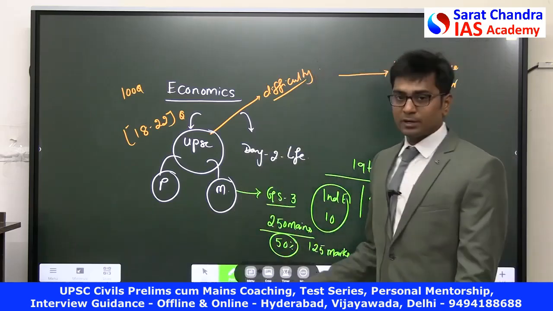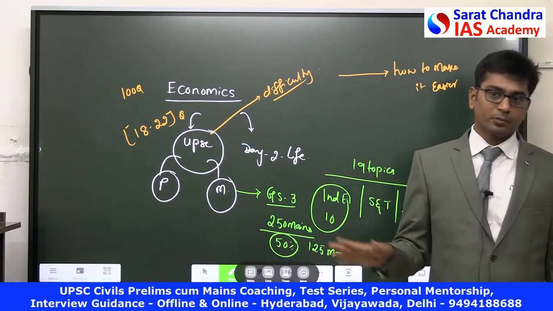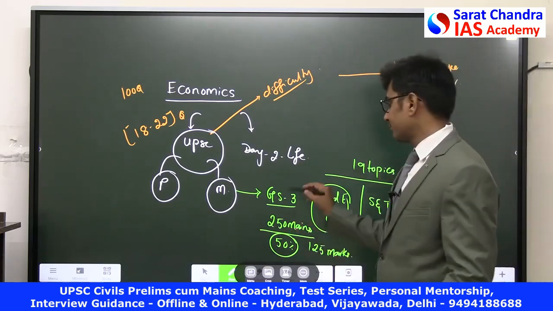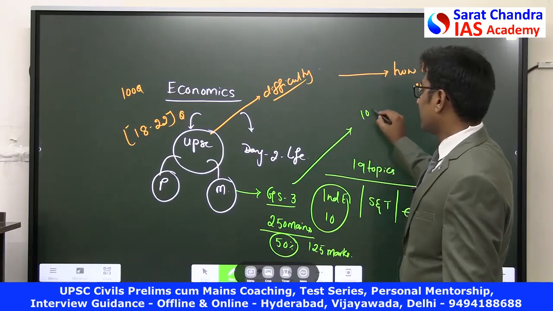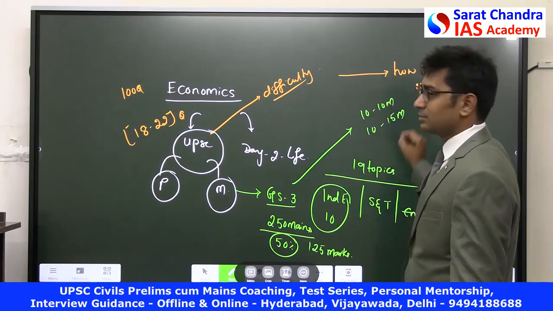So there will be 10 markers and 15 markers. 5 10-markers and 5 15-markers will be from your economics.